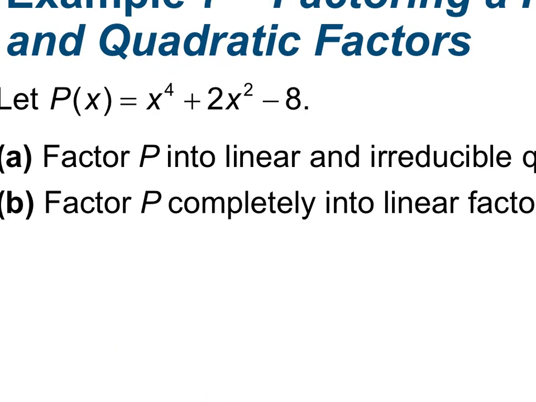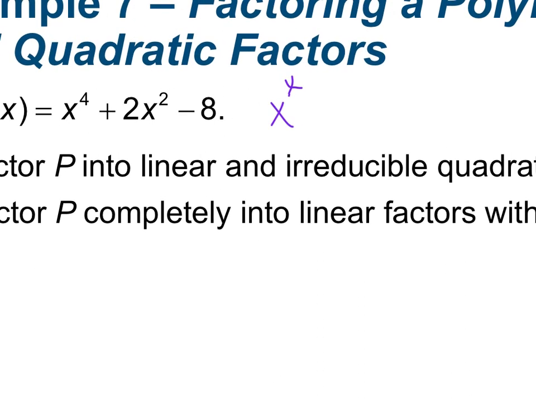You had one of these that factored out nice and pretty on your version of your test. Anybody remember it? It was x to the 4th minus 18x squared plus 81.